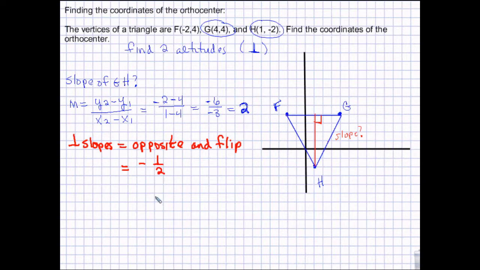Right, because 2 is the same thing as 2 over 1. Oh, okay, never mind. This one's positive, so this one needs to be negative. Opposite and flip, so it would be -3 over -6, which would reduce to -1/2. Sorry, this one's 6 over 3. So the other one would be 3 over 6, and it would have to be negative because this is positive. And then 3 over 6 reduces to the 1/2. Does that make sense?